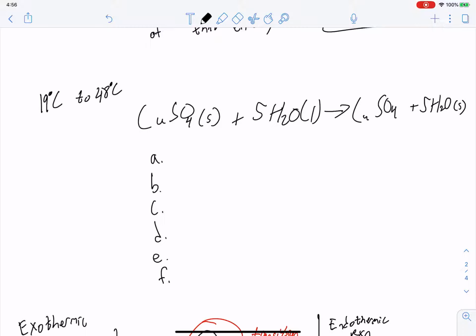Okay, so first we want to list all the substances that are part of the system. In this case, the system is the thing that we are applying heat to. So in this case, this is copper sulfate. Maybe we should do this in a different color.